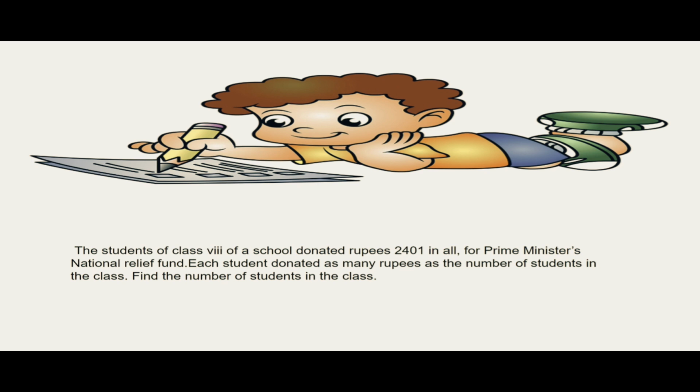Each student donated as many rupees as the number of students in the class. Find the number of students in the class. First of all, give it a try, then check its answer.